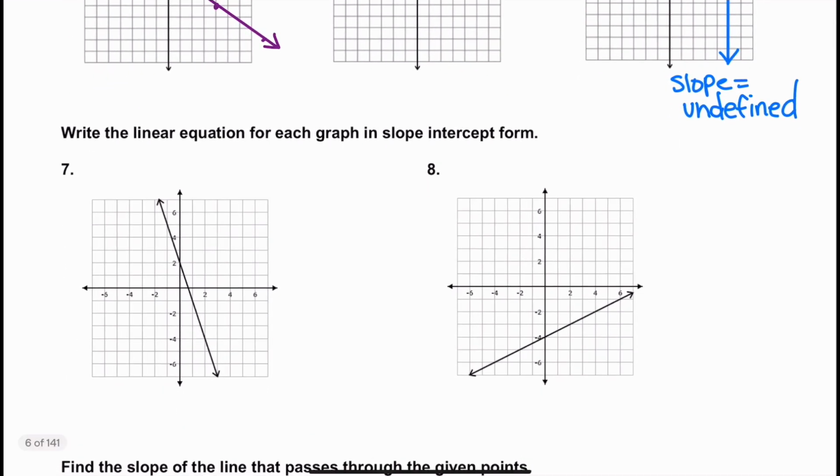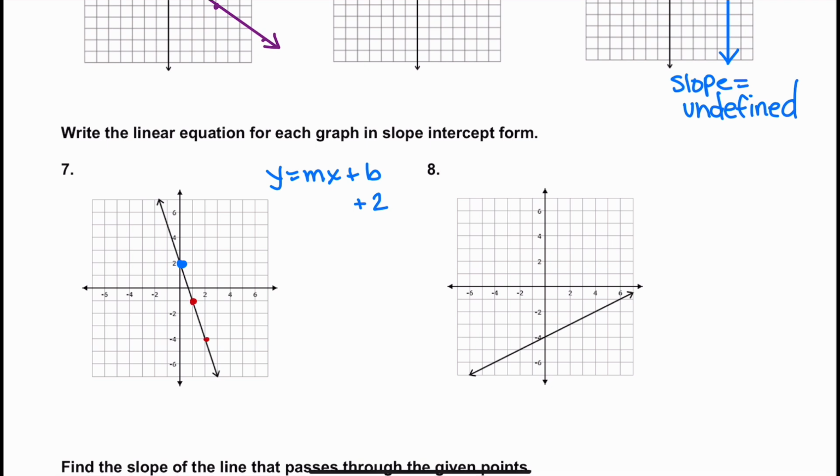Now we're going to look at 7 and 8. We're going to write the equation for the line in slope-intercept form. My b is at 2. That's where it crosses the y-axis. And then we just need to figure out what our slope is. So I'm going to find any other point where it crosses in a perfect spot.